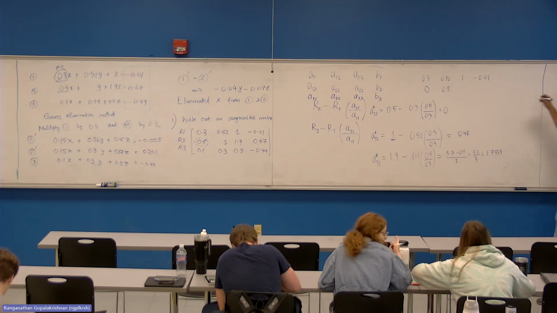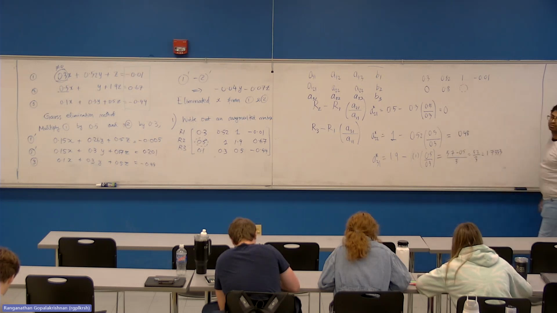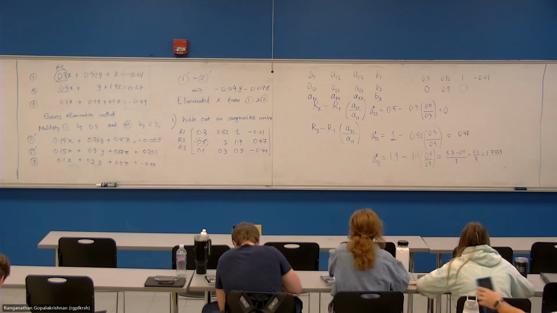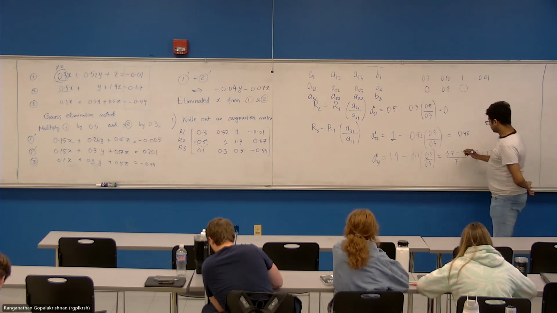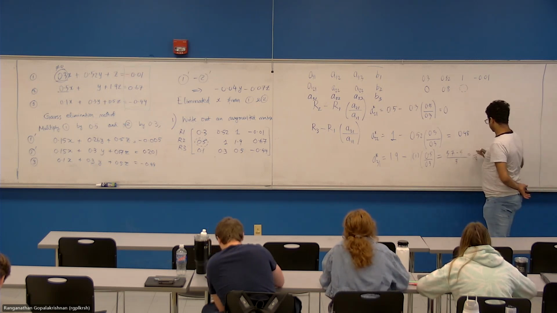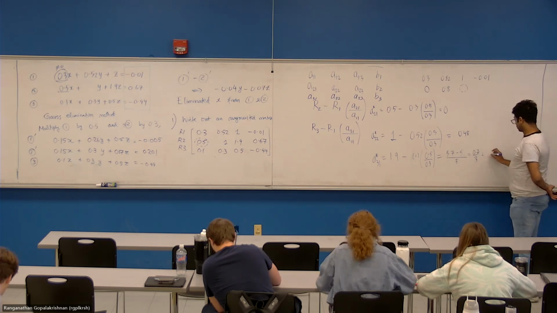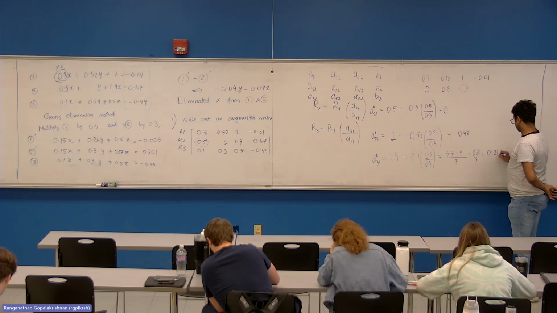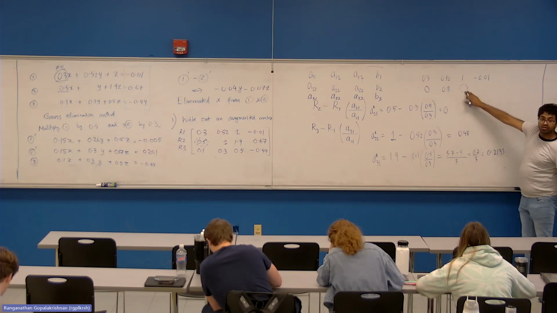What are you getting for this place? A31, A31 star. You're getting 1.5.